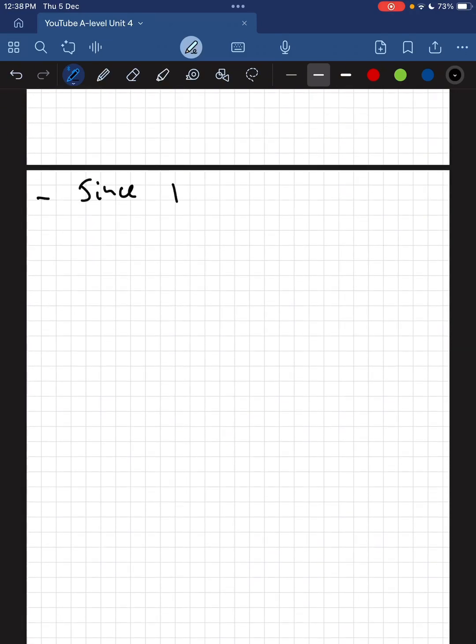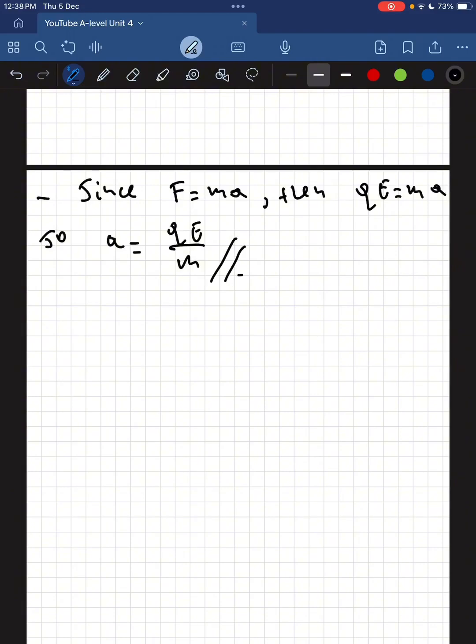Since F is ma, then qE is m times a. So this little charge q is going to be accelerated by an amount a equal to qE over the mass of the particle. So just like a mass is accelerated in the gravitational field of the Earth, a charge is accelerated in some electric field E.